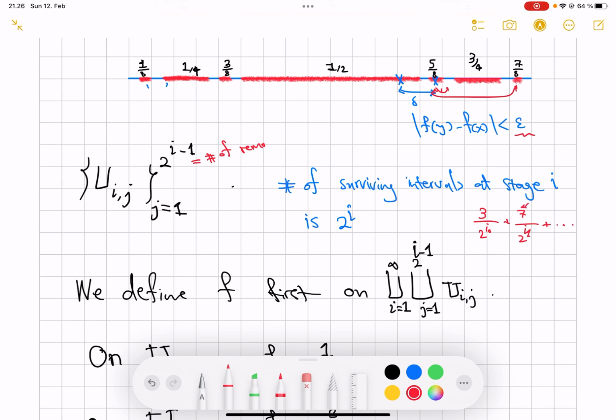These counts, you will prove that bound that I just wrote, and then basically this will be comparable to this geometric sum. But this geometric sum is at most 2 times 1 over 2 to the power i naught, and now if this is large, then this becomes less than epsilon. The details can be annoying, but I don't think they are any worse than the other constructions of the Cantor set.